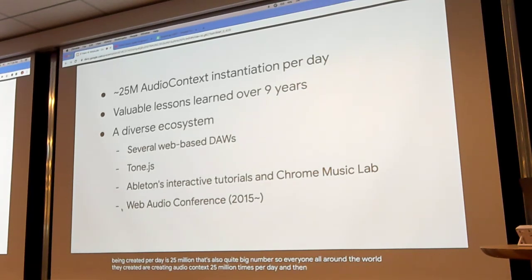And valuable lessons learned over 9 years. The extensibility matters. That's how you empower developers, and when developers are empowered, the ecosystem will grow, and that's how you create this healthy feedback loop. Also, making unfounded assumptions is very dangerous, and that's what we learned in the early stage of spec discussion.